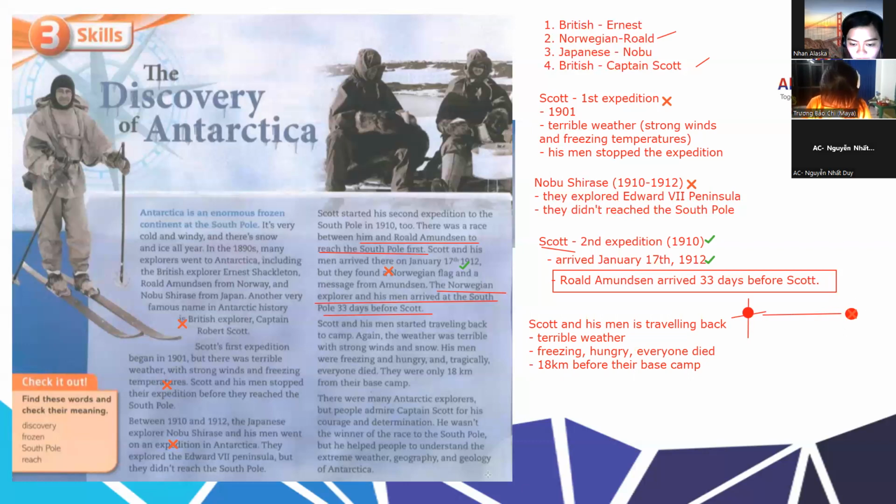Now, as we tackled, there were many Antarctic explorers, but people admire Scott for his courage and determination. All right, so let's now analyze. People admire Captain Scott.